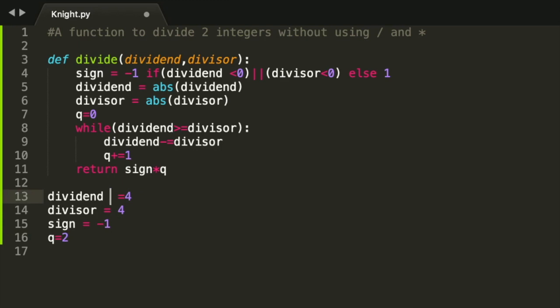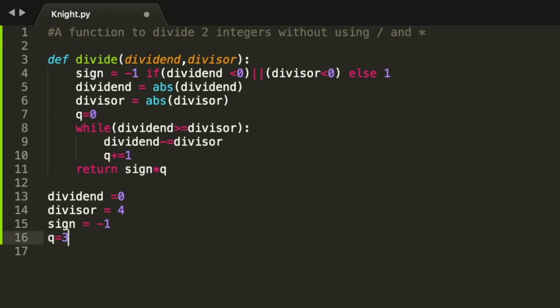Next iteration, it checks if the dividend is greater than or equal to the divisor. So 4 equals 4. The condition is satisfied. It comes inside the loop. Dividend is equal to 4 minus 4. That's 0. Divisor remains 4. Sign remains minus 1. Quotient gets incremented to 3.